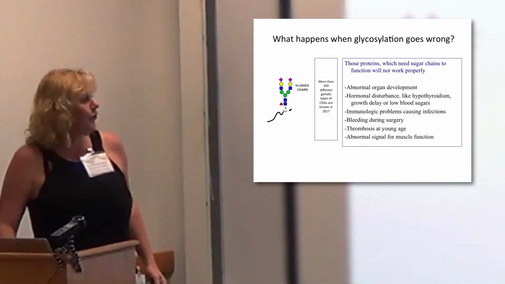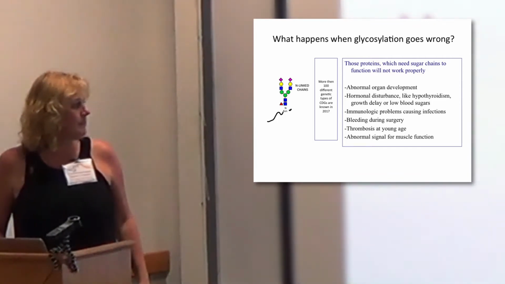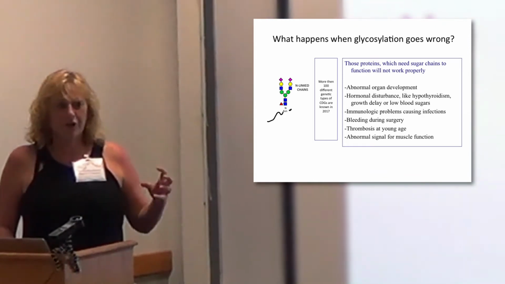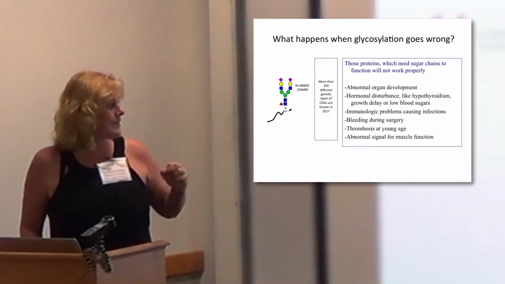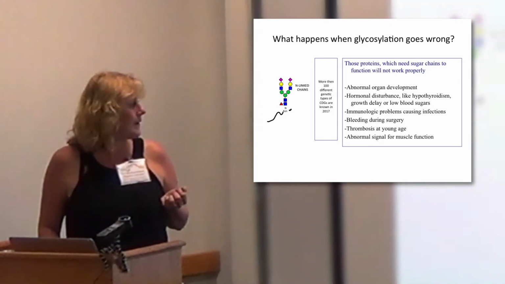We see a lot of hormonal disturbance, like hypothyroidism. There are patients with growth delay because the growth hormone function is also related to good glycosylation. We see low blood sugar levels.